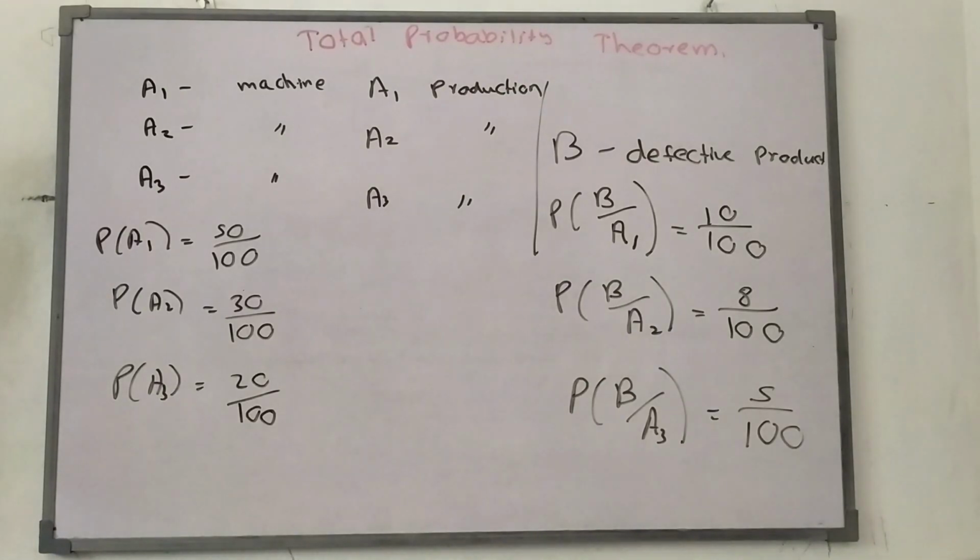So we need the total probability now. What is the equation of the total probability?